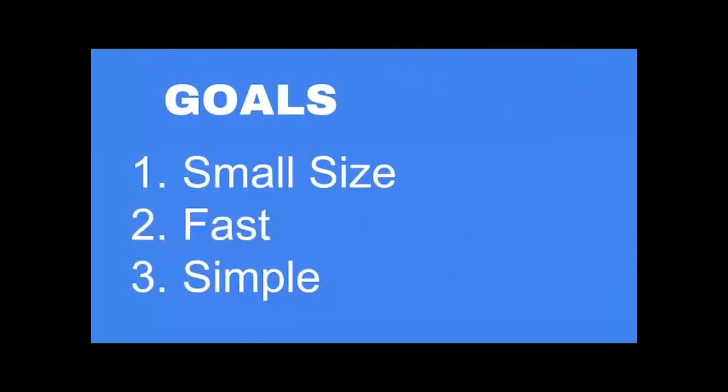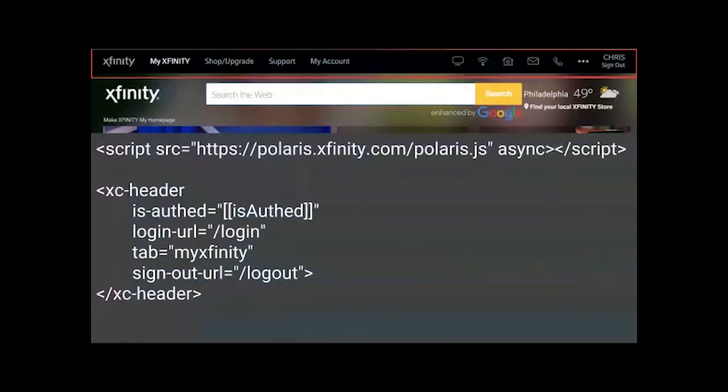So I set out with the goal of rewriting this with small size. I wanted it to be really fast, and I wanted it to be really simple for third parties to use. And so in order to do it, I actually just created a custom element. To load the custom element, you just load the script tag, and you can load it asynchronously. Again, I'm avoiding HTML imports because most of the browsers don't seem like they're going to implement that, and it's a lot of overhead to polyfill.